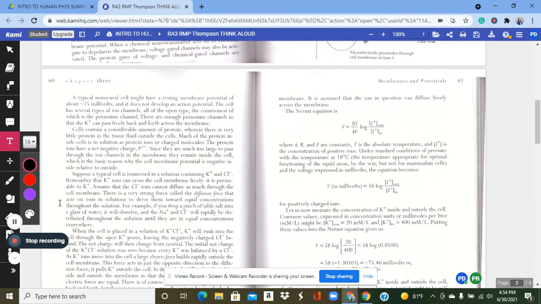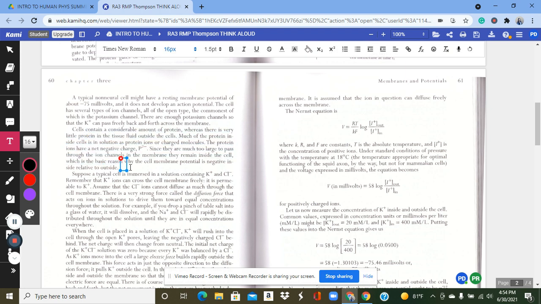I think this is a pretty important paragraph to discuss, because the increased flow of positively charged potassium ions out of the cell results in a net negative charge inside the cell.